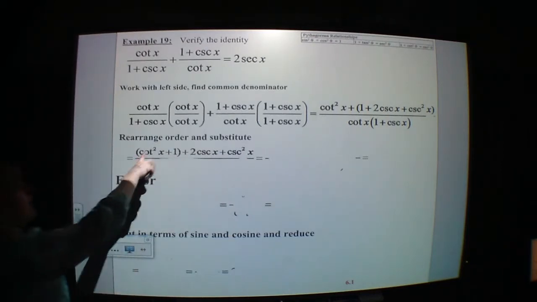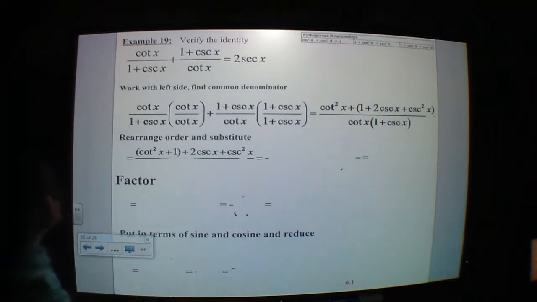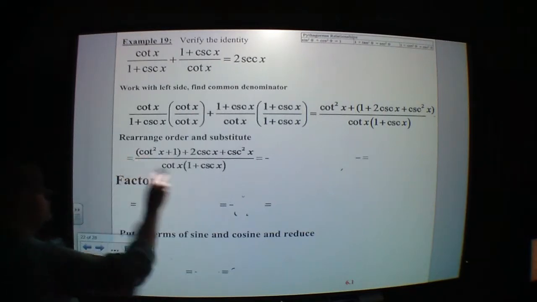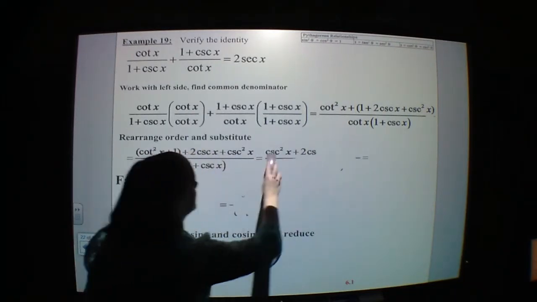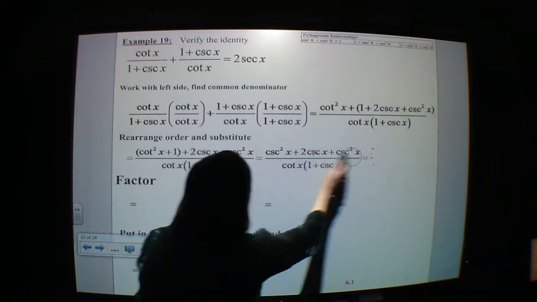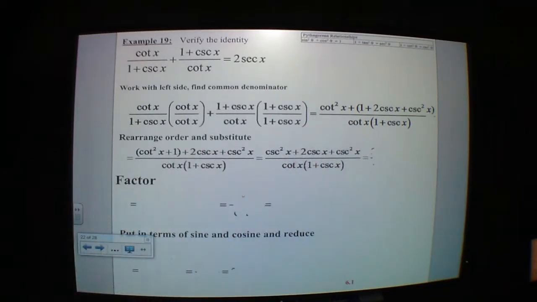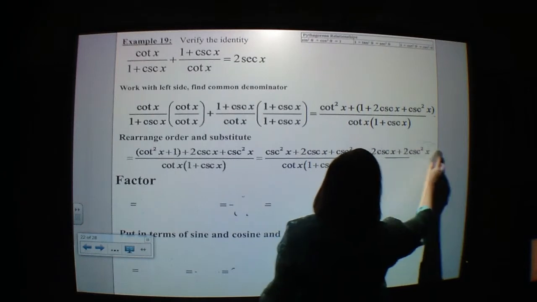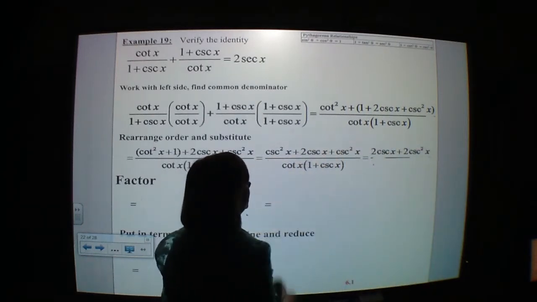But the only reason I did that is because I looked up there, and I know 1 plus cotangent squared is cosecant squared. Okay? So this right here is cosecant squared. The rest stays the same. And now look at all those cosecants I have. So I have a cosecant squared and another cosecant squared, so I have 2 of those now. So I have 2 cosecants and 2 cosecant squareds.